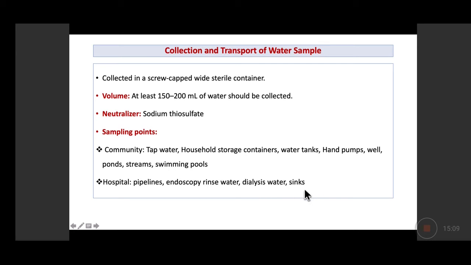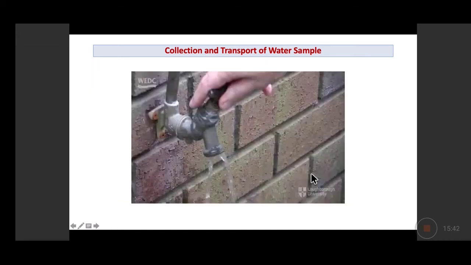Generally, those sources are taken which are the main sources and which represent the other sources as well. The sampling points have to be decided by the hospital infection control team. So these are the various points and locations from which the sample can be taken.